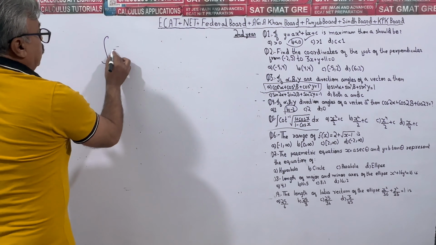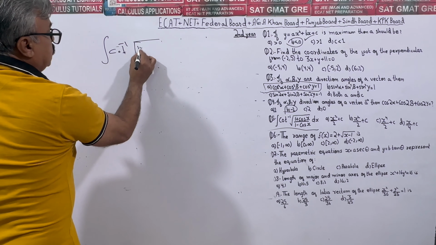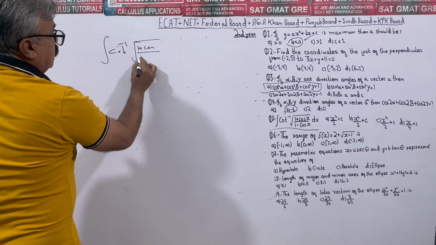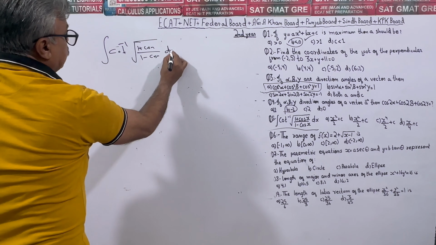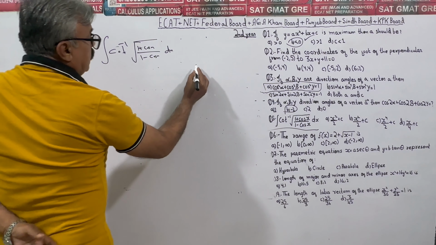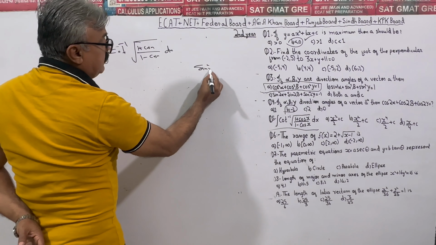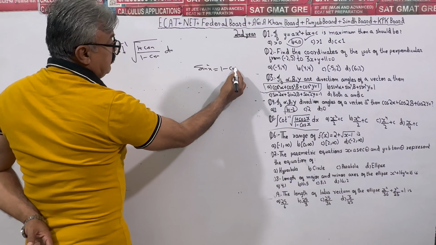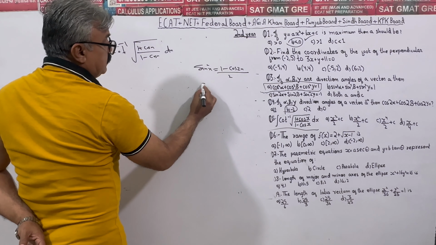We have the integration of cot inverse of root of (1 plus cos x) over (1 minus cos x) dx. While solving integration, when sine and cosine have even powers, we utilize these identities. Sin square x is equal to (1 minus cos 2x) upon 2.